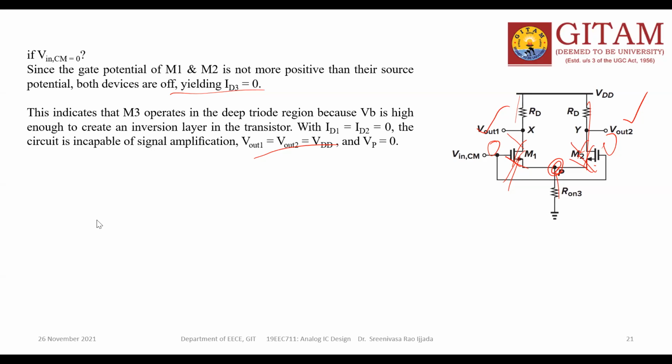How will it flow? There is no path. With your question I can say one thing: node P can float. If M1 and M2 are both open, the two branches are open.